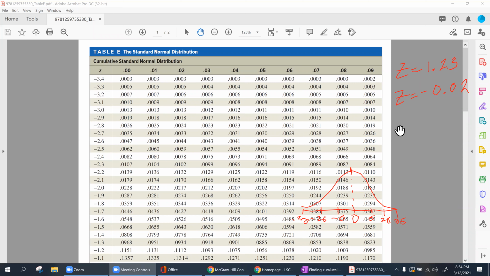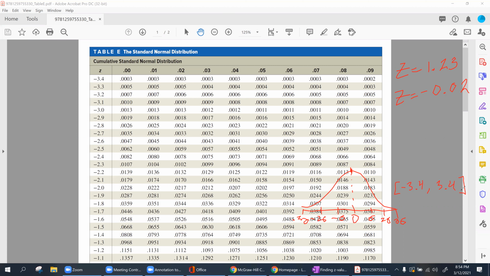Let's say you were asked to find the value when z equals 1.23. The values you're going to hone in on are on the left-hand side, the z values, which are bounded between negative 3.4 and positive 3.4, with 0 in the center.